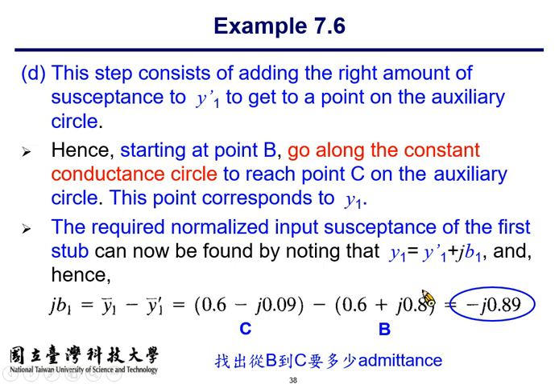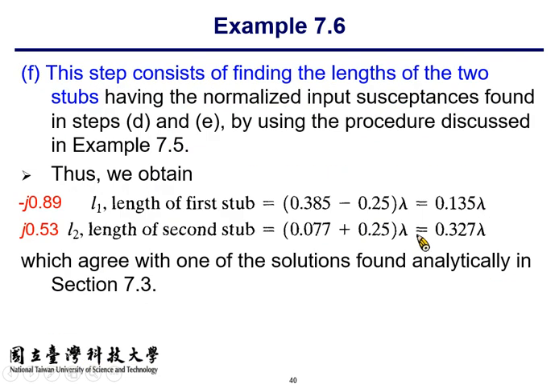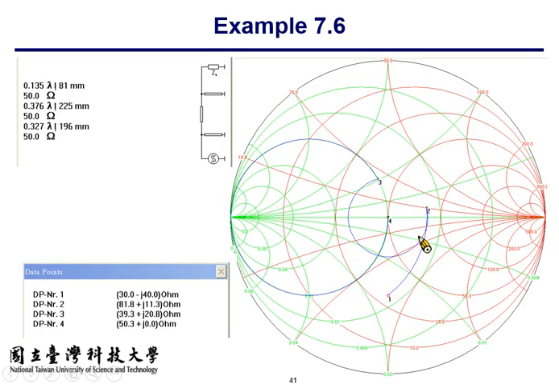For the double stub matching, the first solution is L1 equal to 0.135 lambda. Okay, so let's work on the Smith chart.